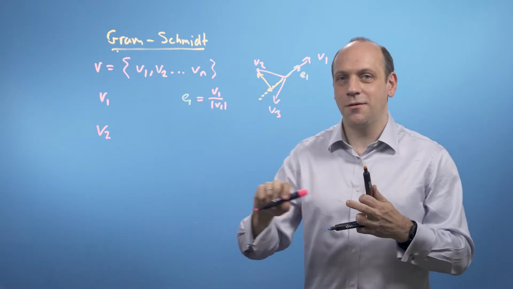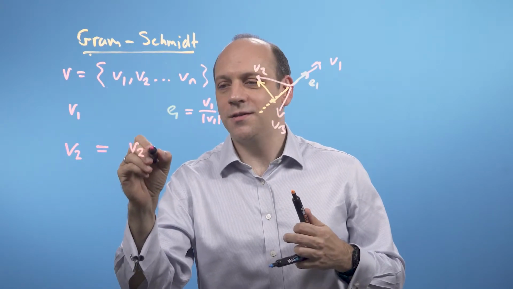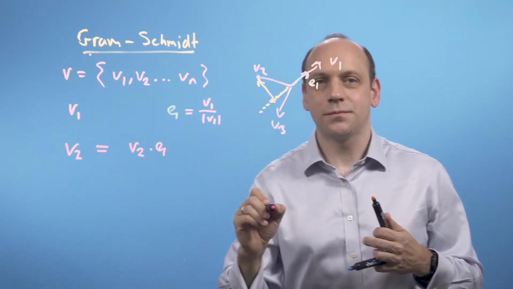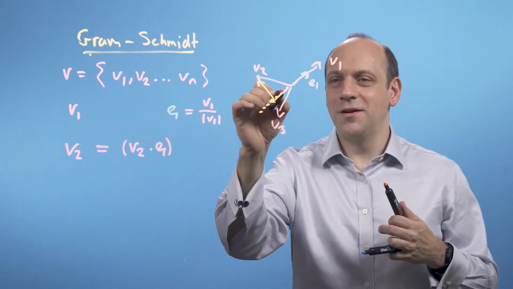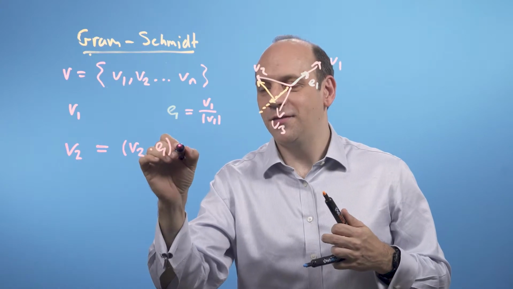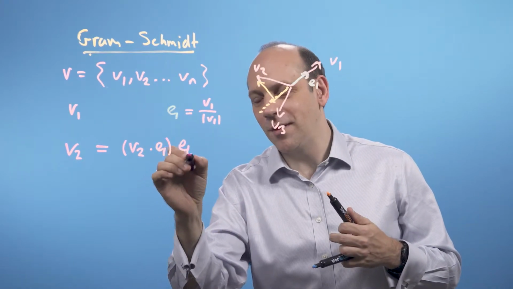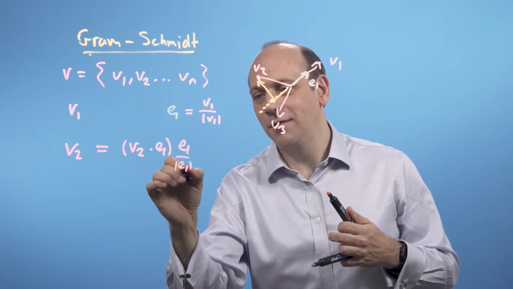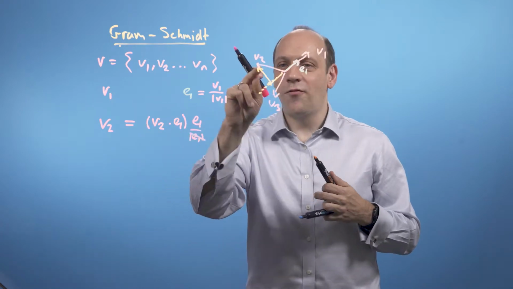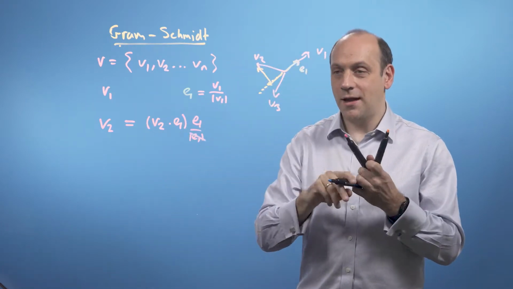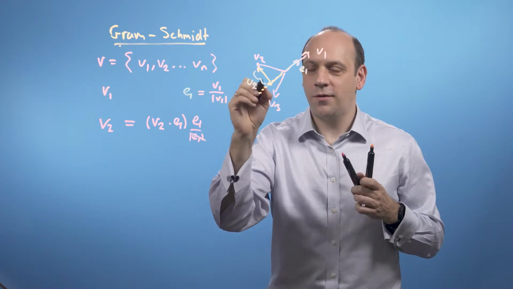That's v2 dotted with e1, times e1. Normally I'd have to divide by the length of e1, but the length of e1 is 1, so forget it. And if I take that off of v2, then I'll have this vector, let's call it u2.